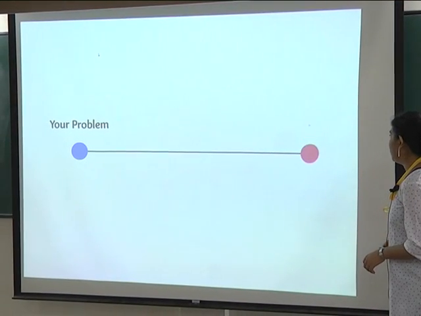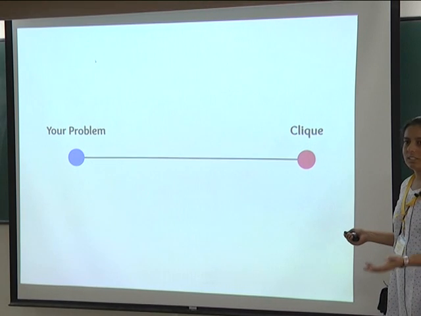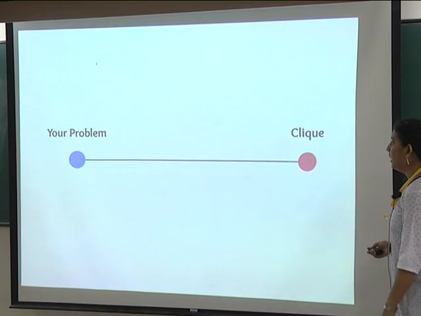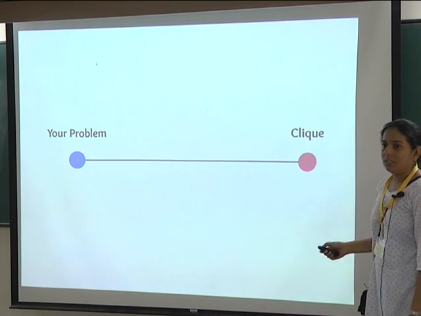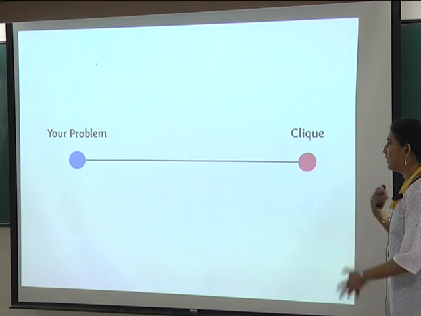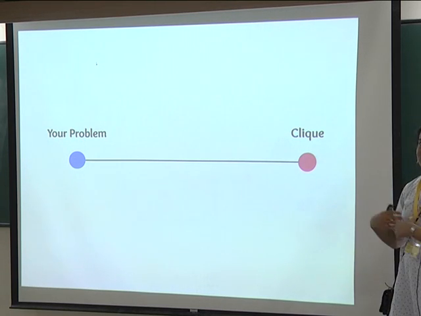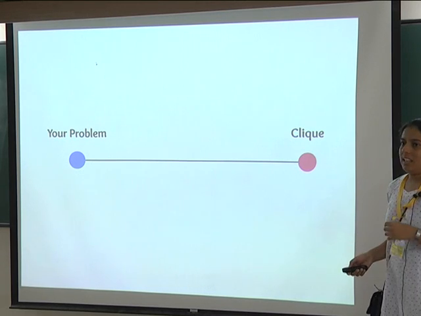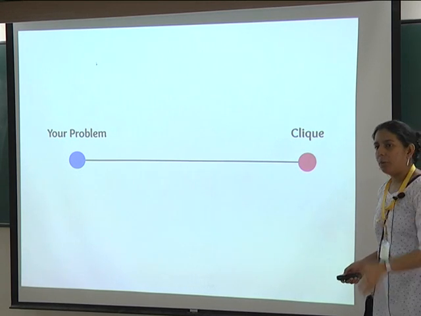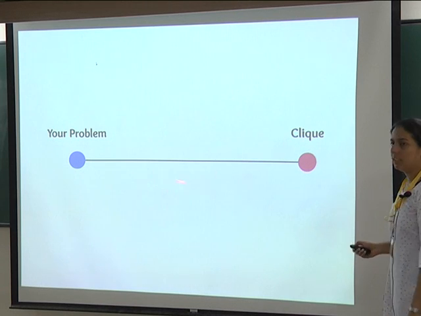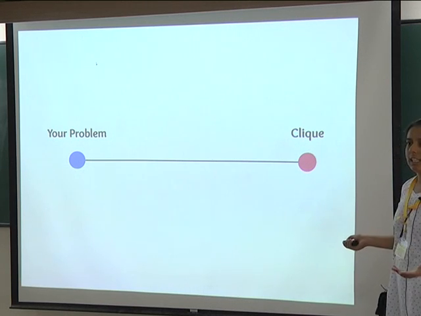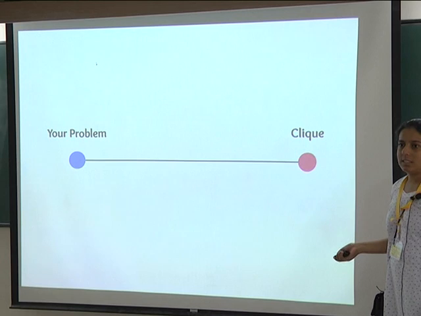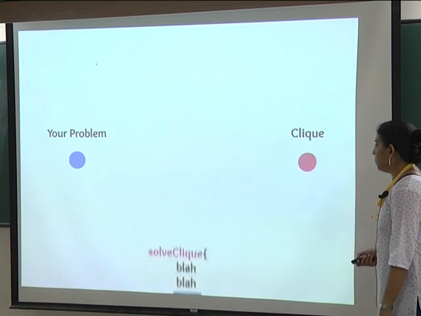So now you know, for example, or I'm promising you that there is no FPT algorithm for clique, let's say. Then what you can do, if you're not able to solve the problem, is, as the saying goes, if you can't defeat them, then you join them, right? So if you can't solve your problem, you try to give a formal proof that if somebody can solve your problem, then you can solve clique, which would then be a contradiction to common knowledge. Okay? So typically it goes like this.